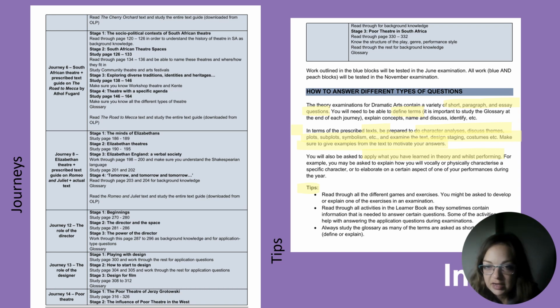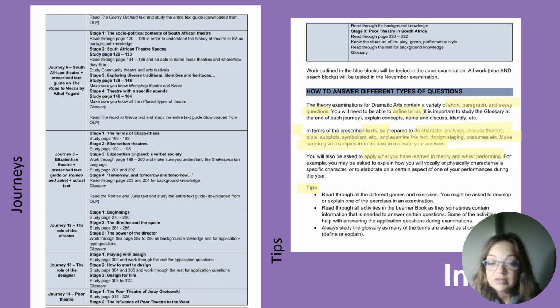Then you look at design and the staging choices and the costumes, etc. So whenever you have to discuss a play, please make sure that you go back and use the examples from the plays that you've studied. Okay. Right, there are some more tips there on that slide. Please go and have a look at that.